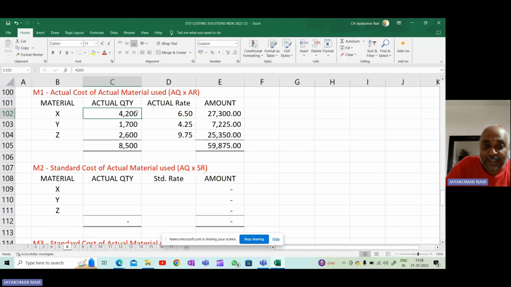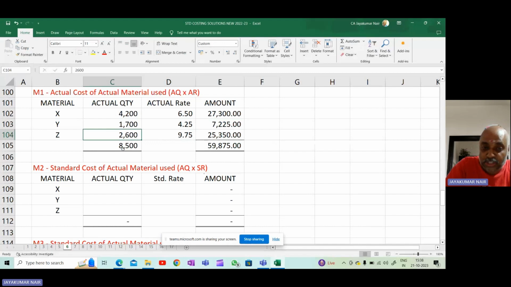If you want to find the total cost of material X used for production, it is 4,200 into 6 rupees 50 paisa, which gives 27,300. For Y, it is 1,700 into 4.25, which gives 7,225.